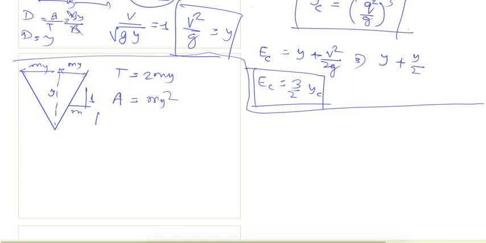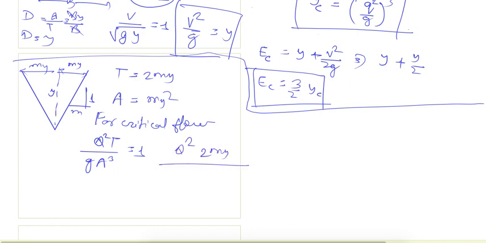And for critical flow, Q square T upon g A cube is equal to 1, and if we put these values, Q square into 2my divided by g into m cube y to the power 6 is equal to 1.